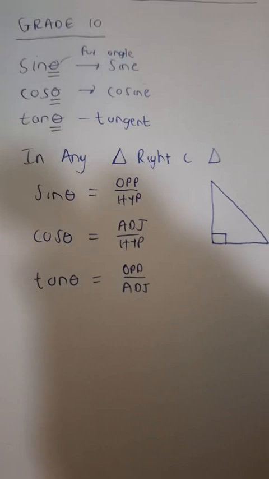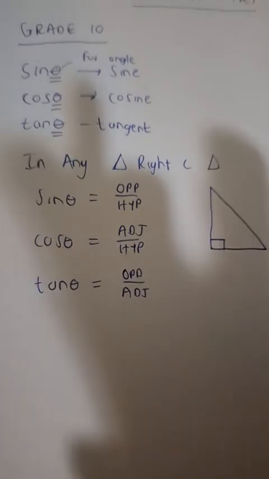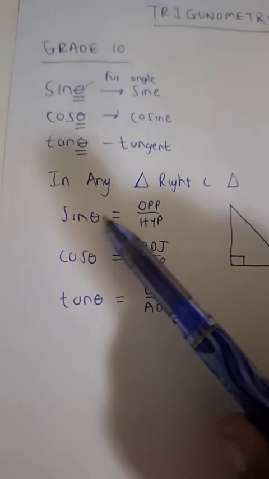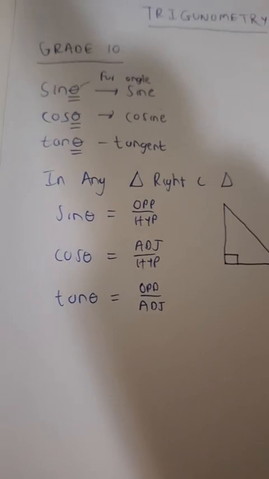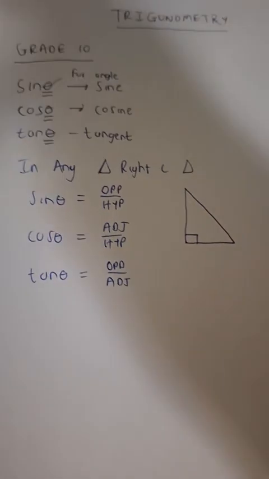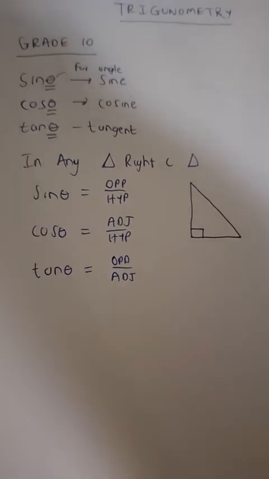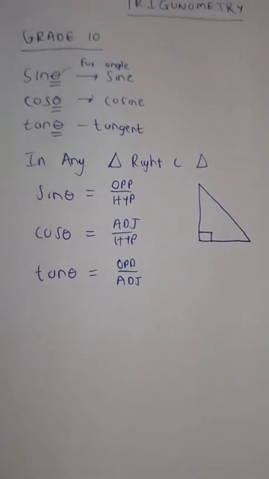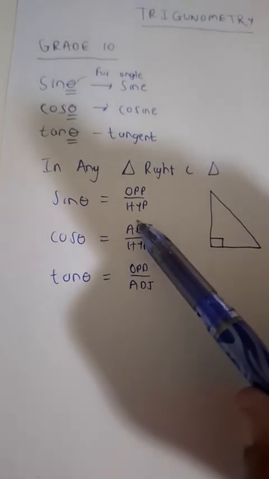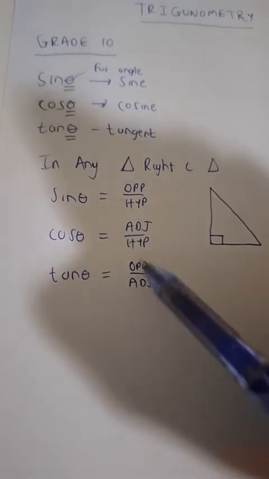The concepts in grade 10 are utilized in the grade 11 syllabus, so we still need to know the trig definitions. Sine theta is opposite over hypotenuse, cos theta is adjacent over hypotenuse, and tan theta is opposite over adjacent.